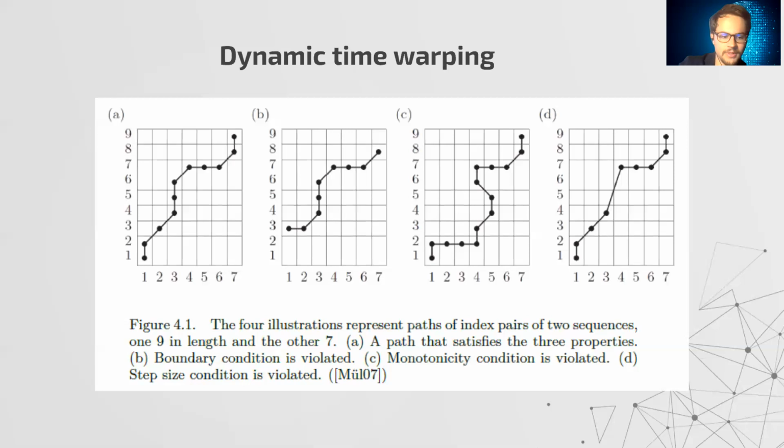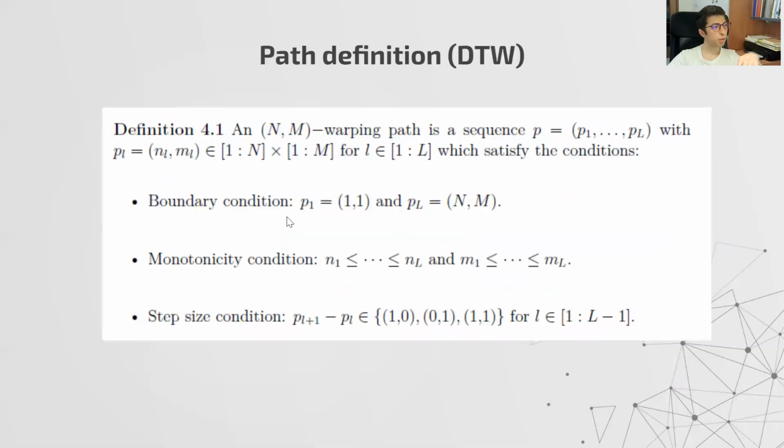Okay. Let's consider also the first restriction, that is the boundary condition. So if you take only a little piece of the first bigger time series, you have, in any case, to conclude with the last point of the bigger time series.